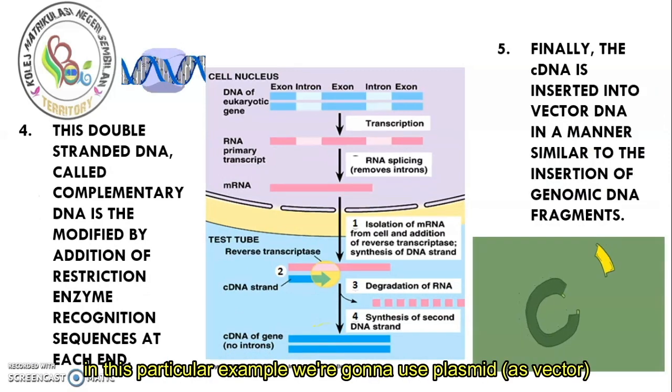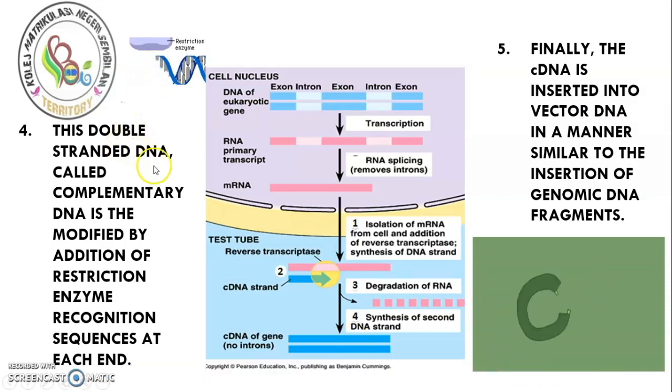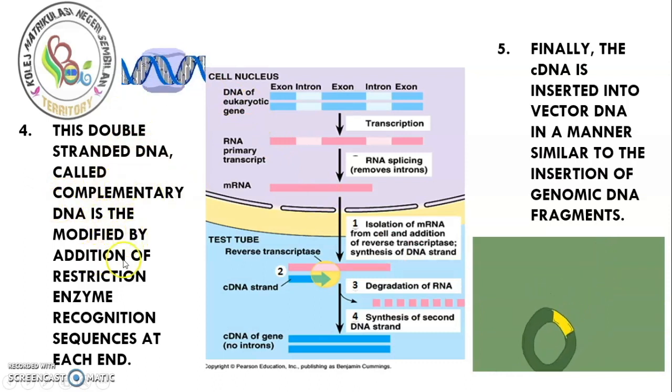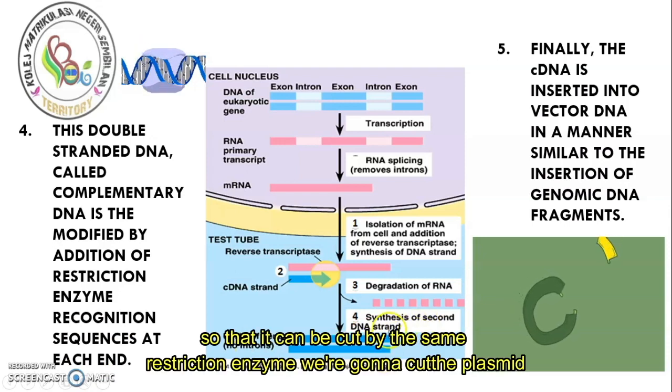In this particular example, we're going to use a plasmid. This double-stranded DNA, called complementary DNA or cDNA, is then modified by the addition of restriction enzyme recognition sequences at each end, so that it can be cut by the same restriction enzyme we're going to use to cut the plasmid.